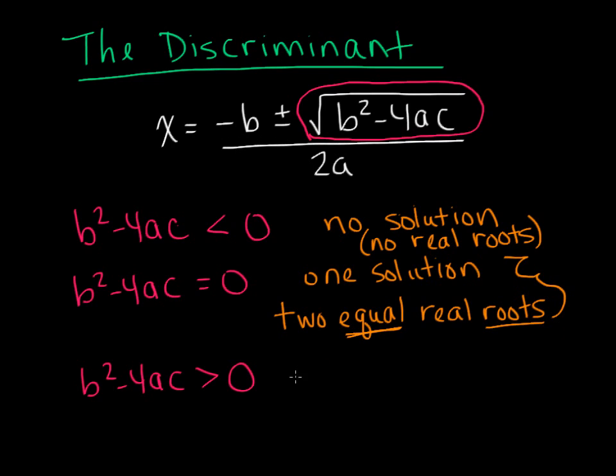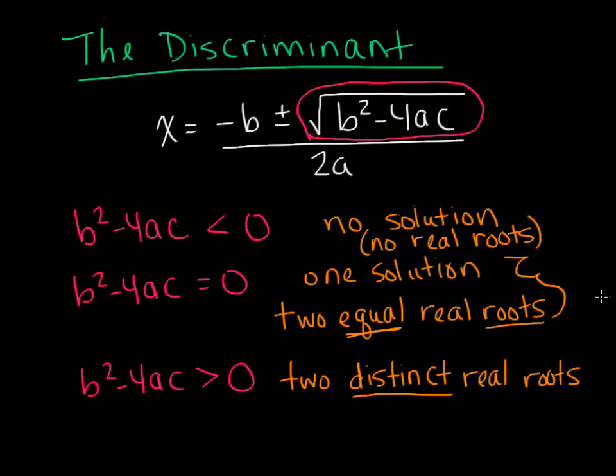And this is where you get two distinct real roots. Okay? And the reason I've used the word distinct here is to identify that those two values are different. So two different real roots, as opposed to the two equal real roots, or the one solution that we get when b squared minus 4ac is equal to 0.